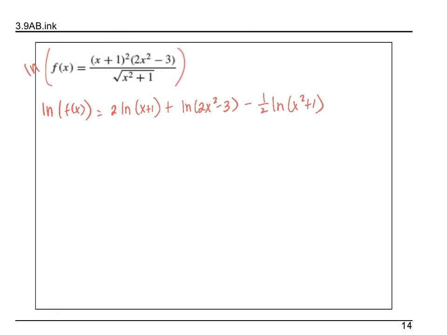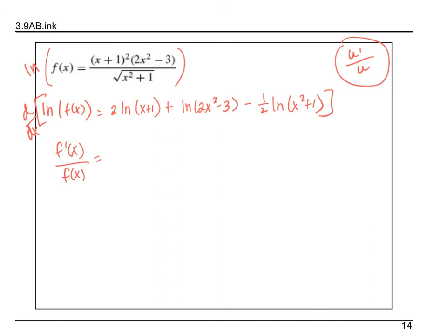So what I've just done is I've removed all of the extra rules. I've taken out the products, I've taken out the quotient, I've taken out the additional chain rules, and the only rule that I'm going to be using through the derivative process now is my u prime over u. So now I can derive everywhere, left and right. So if I derive the ln of f of x, I get f prime of x over f of x. That's the same thing as the u prime over u.